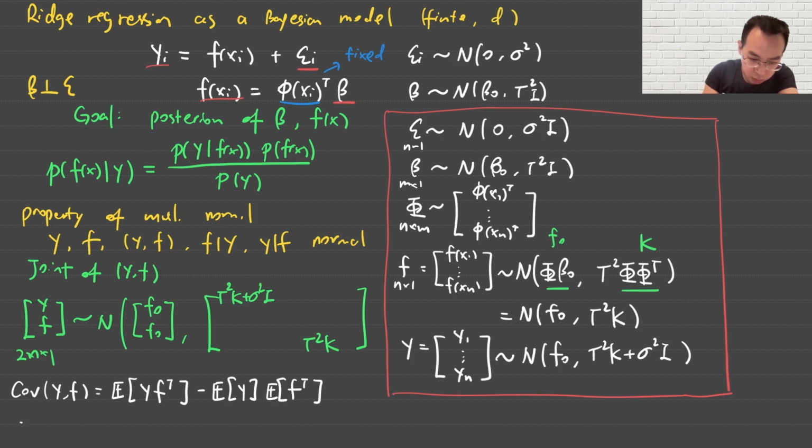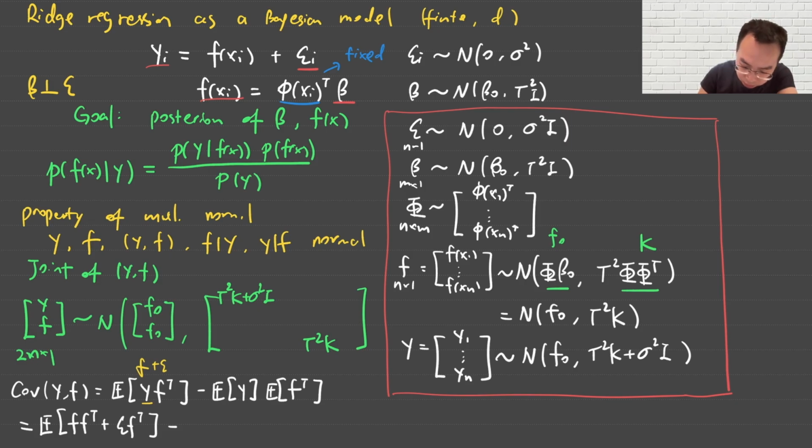Here we can actually replace y with f plus epsilon, right? Then we can expand the terms as the expected value of f f transpose plus epsilon f transpose. Then the expected value of y is the same as the expected value of f, which is f0.